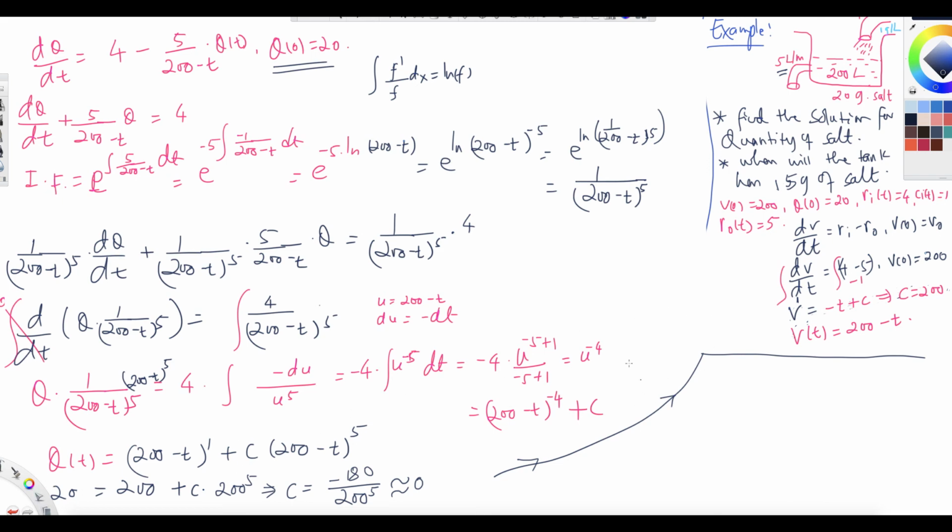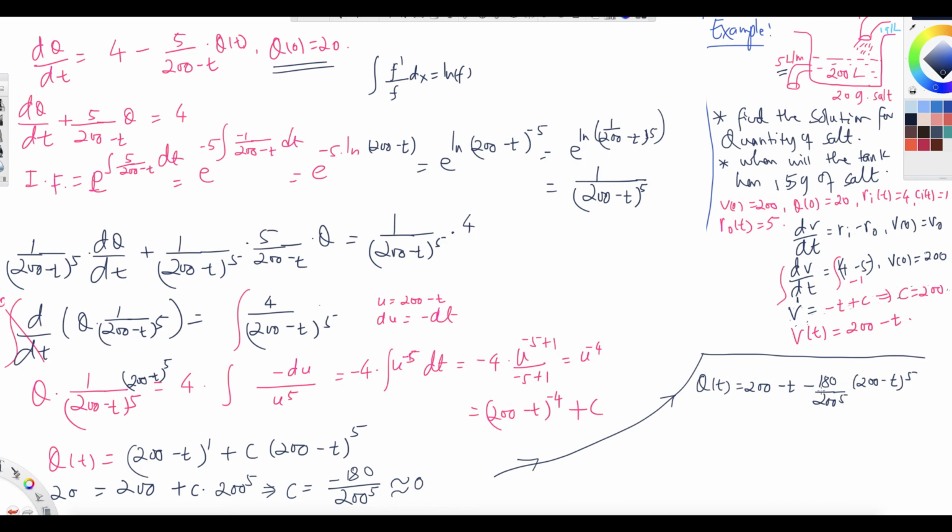Let me write down the final answer. Okay, so final answer is actually Qt equals to 200 minus t plus minus, because C is minus, right? So minus 180 over 200 to the 5th, and then 200 minus t to the 5. That's what you get for the solution.